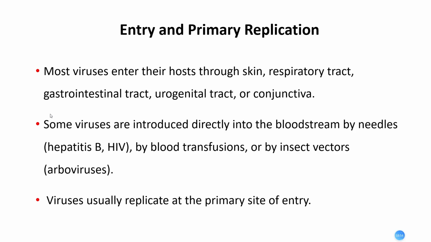Examples of this include hepatitis B virus and HIV. Sometimes they can be introduced directly through the needle, or by accident. It happened in China before that by blood transfusion with contaminated blood or blood product, or by insect vector such as yellow fever and also Zika virus we mentioned just now. And these are introduced by the mosquito vector.